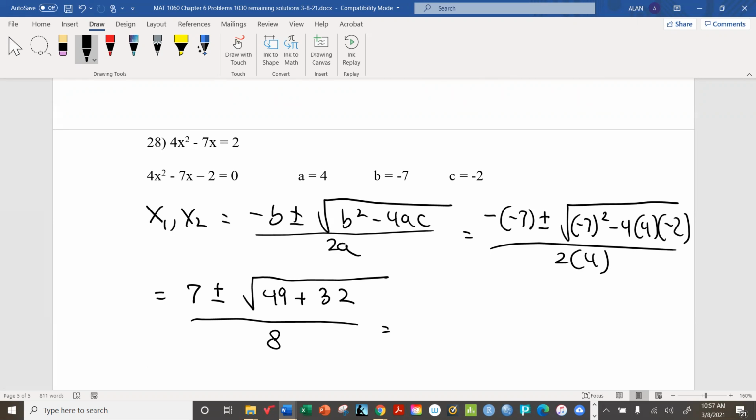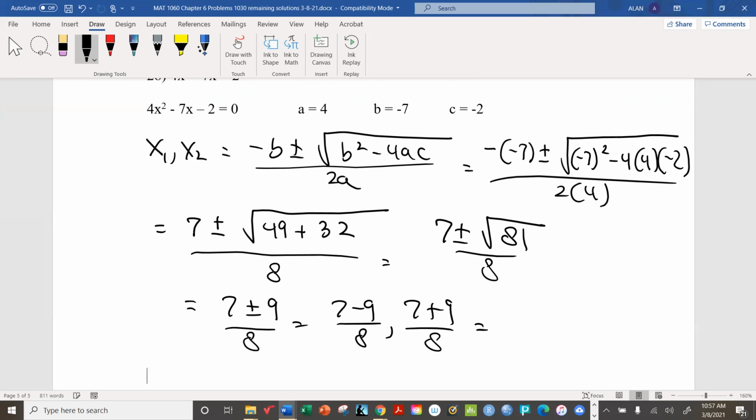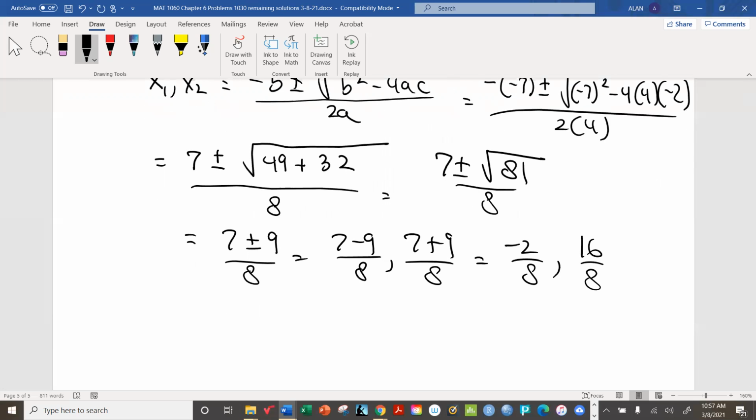What else do we do? Now here we got lucky because if you notice, we have 81 under the square root sign, which of course is a perfect square. That's always very nice when that happens. So we have 7 plus or minus 9 over 8. Or we can write this as 2 terms, 7 minus 9 over 8, comma, 7 plus 9 over 8, which in turn means we have negative 2/8, 16/8, or we can simplify them a little further as minus a quarter, comma, 2.